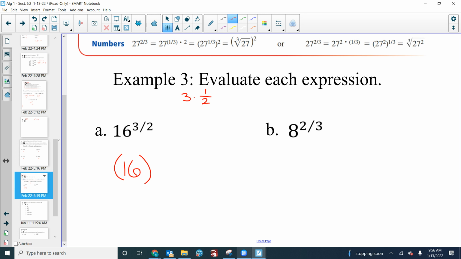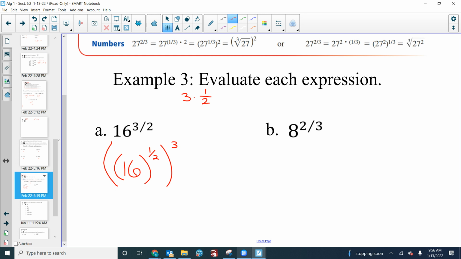So this could be, tell me if you think this is the same or not, 16 to the 1/2 power, and then take that and cube it. If you raise this power to that power and multiply, will you get the same thing as this? You would, wouldn't you? Because a power to a power, you multiply.